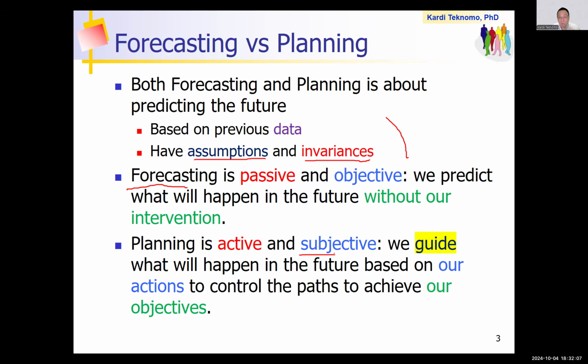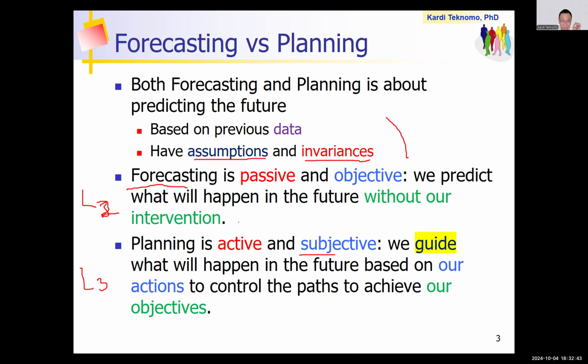We control what will happen in the future. First we forecast what will happen, and then we control based on what we want. So there's a goal. Planning is level 3, forecasting is level 2. So what is level 1? Level 1 is understanding the problems.